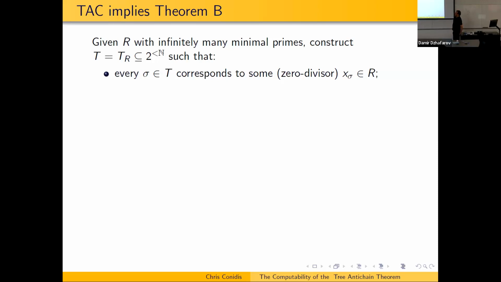In order to show that the tree anti-chain theorem applies, we start with a ring that has infinitely many minimal primes that are uniformly co-prime, and then we seek to construct a relevant tree that models some of the behavior of this ring, such that anti-chains in this tree correspond to infinite ascending chains in the ring.